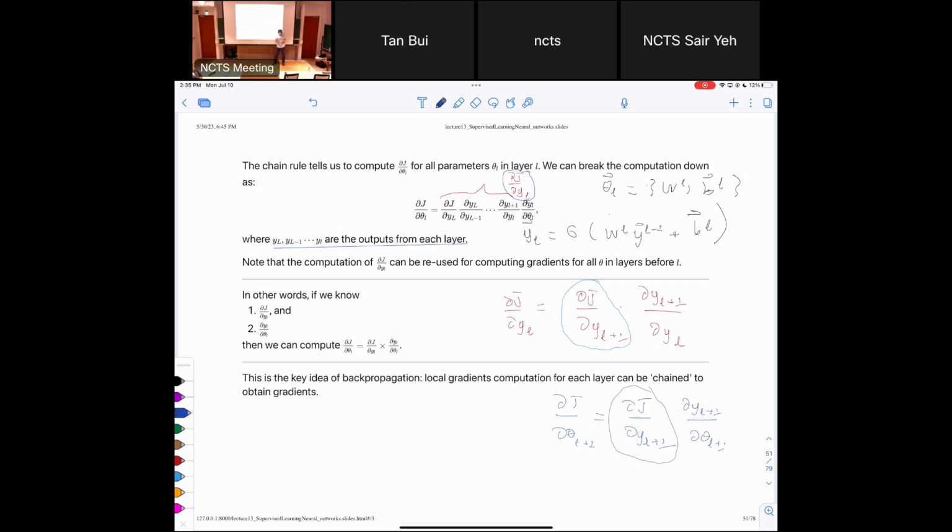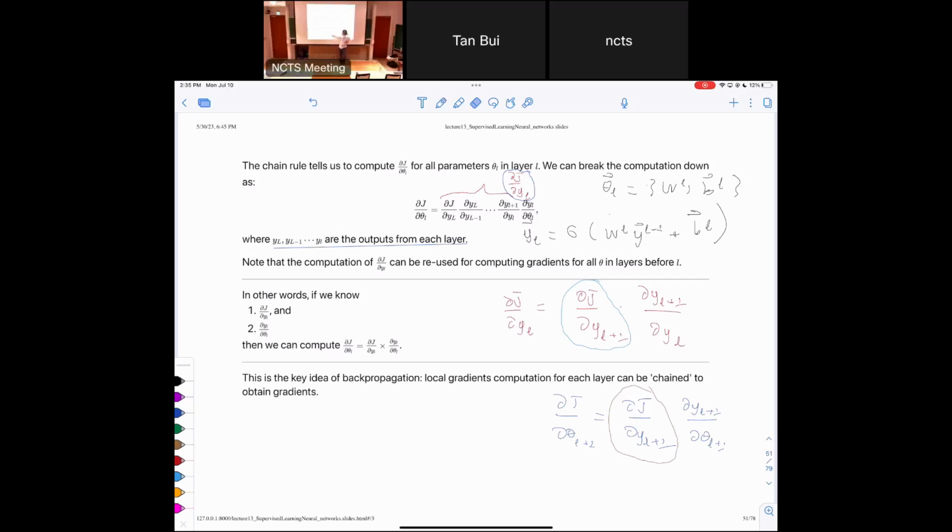I calculate the derivative with respect to the output at this layer, and I have to keep it because I'm going to need this. You see that I need this in two places. This is needed for me to compute the derivative with respect to YL, chain rule.